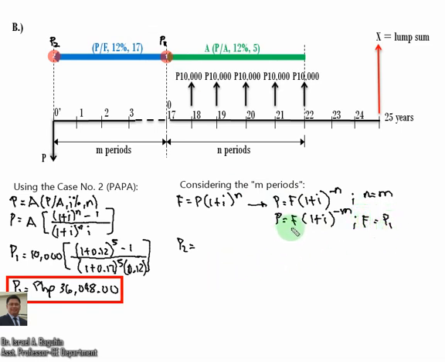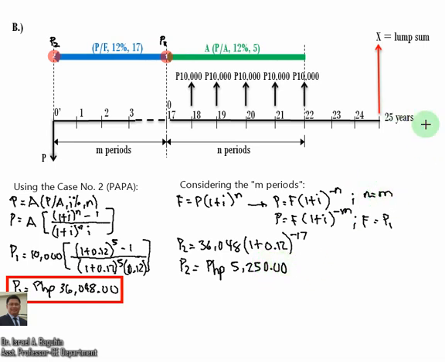Okay, so substituting the value of our P1, which is 36,048 pesos, times 1 plus 0.12 raised to the negative M, which is 17 years. Okay, so we can get the value of our P2, which is equal to 5,250 pesos.